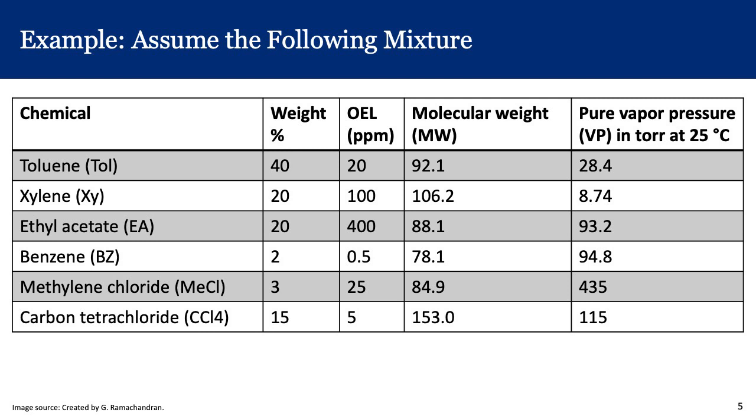You can see the weight percentages in the second column, where the highest percentage is toluene, 40%, and the lowest, 2%, is benzene, and everything else in between. In the third column, we are given the occupational exposure limits for each one of these individual chemicals. In the fourth column, we are given the molecular weights, and in the fifth column, we are given the pure vapor pressure of each one of these compounds.